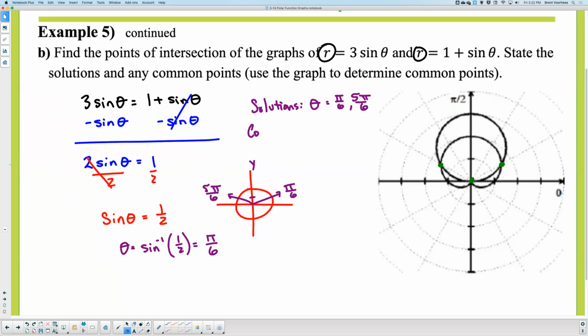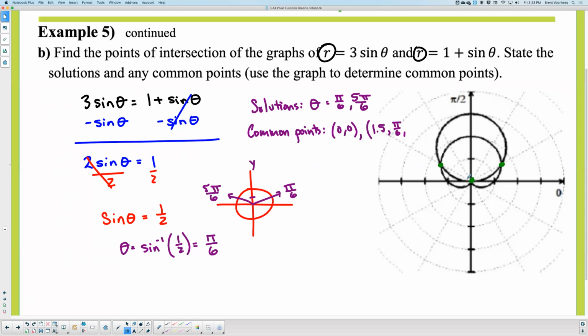Now the common points. It looks like we have a common point at 0, 0. That's the pole. We have a common point here at pi over 6. And at pi over 6, if you put a pi over 6, that's half. That'll be 1.5. At 1.5, pi over 6.